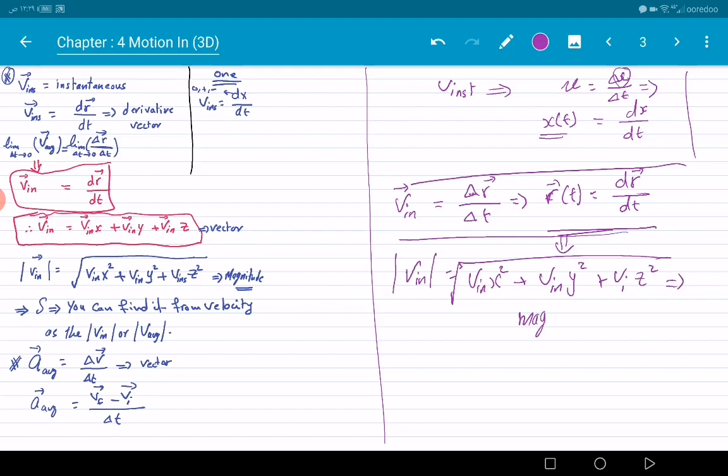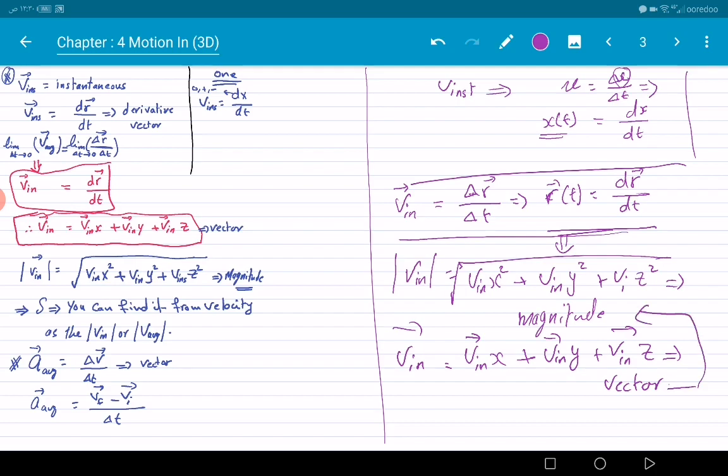As a vector, v inst is equal to v inst in i hat, or in x, plus v inst in y plus v inst in z. So that is as a vector, and here as a magnitude.